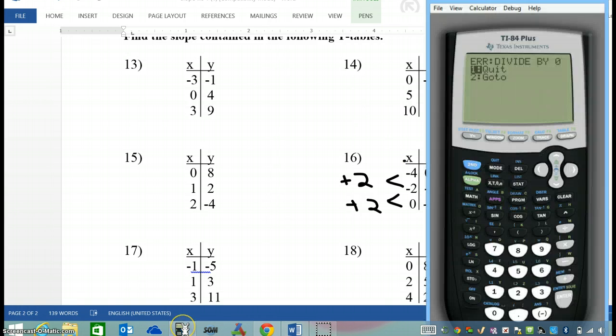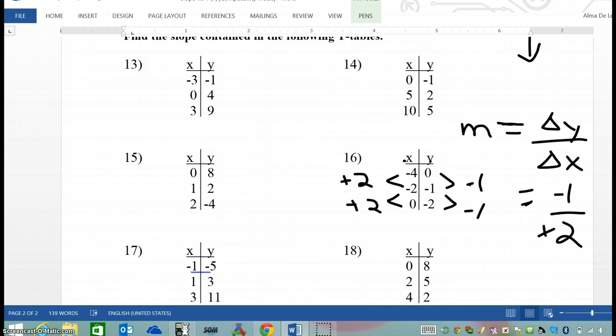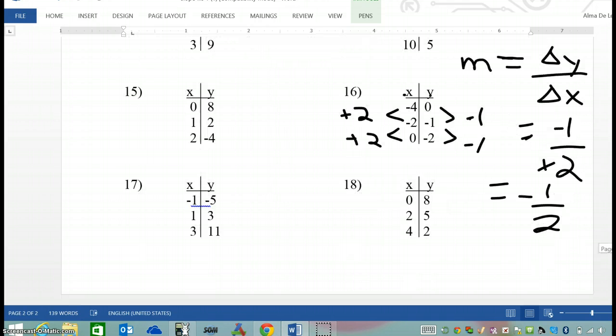Again, you can put this in the calculator if you don't see this right away. But negative 1 divided by 2 gives you negative 0.5, which if we turn into a fraction is the same thing as negative a half. So my slope is negative a half. And now I am done.